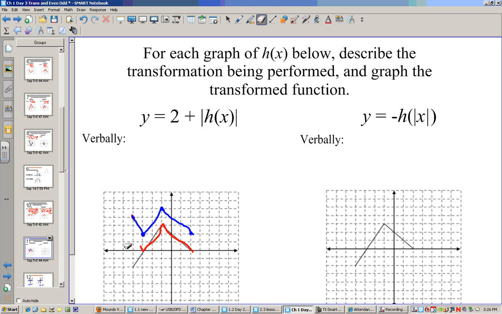I'll erase the red. All right, so the absolute value of h of x would be this. And then I flip that over the x-axis to make it look like this. So I'll erase the original. And there is our graph.